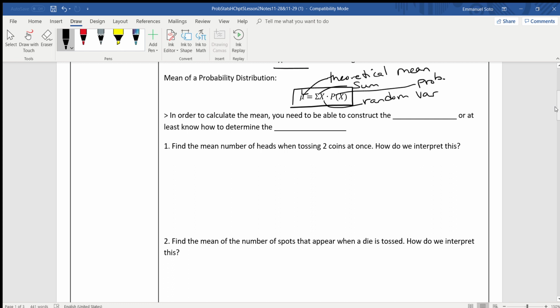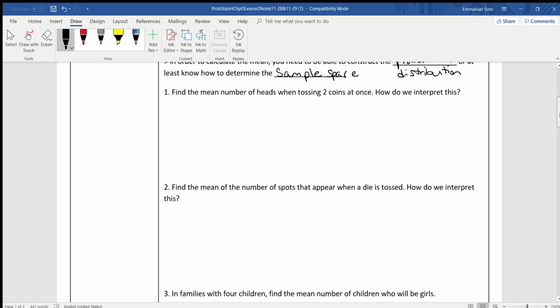So to calculate the mean, you need to be able to construct the probability distribution like we did in lesson 1. You also have to know how to determine the sample space, and these go hand in hand together. So you need the sample space essentially to find the probability distribution. All right, so once you do that, we can make the calculations.